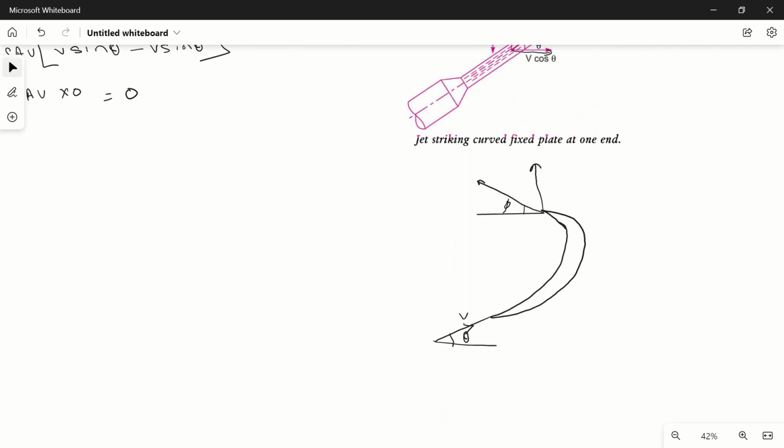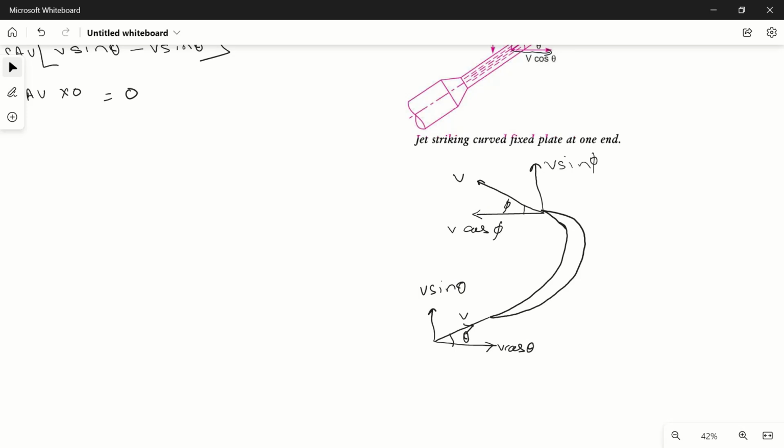This is v, this is v, so it will become v cos phi and v sin phi here, and v cos theta and v sin theta there.